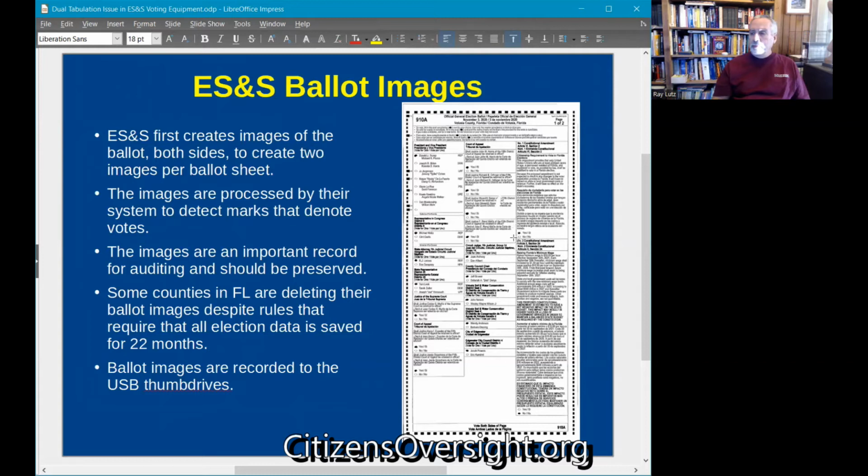Ballot images are basically a scan of both sides of the ballot, and there are 2 images for each ballot sheet, the front and the back, usually put into one PDF file. These images are created within the machine, and then they're processed by that system to detect the marks that denote the votes.